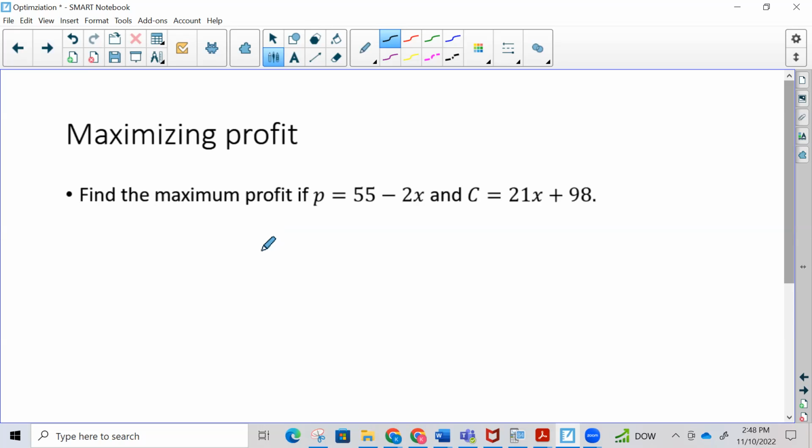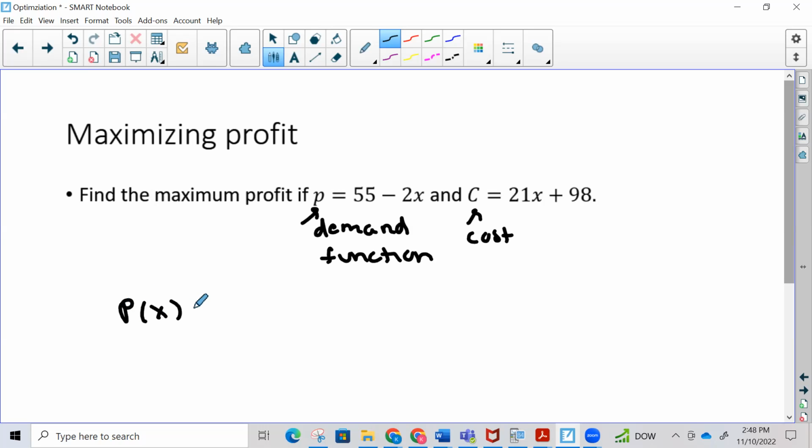For our first example, we're going to look at maximizing profit. It says find the maximum profit if P equals 55 minus 2X. This is my demand function. And C, my cost, is 21X plus 98. Just as a reminder, profit is revenue minus cost.